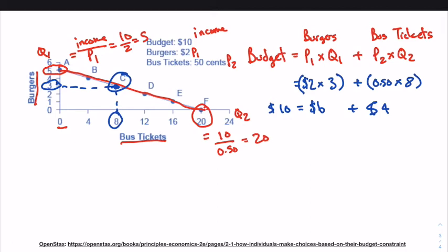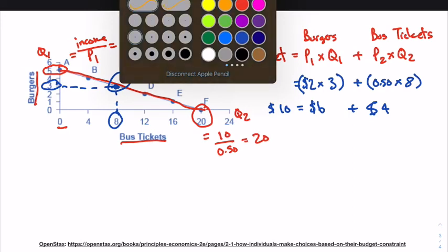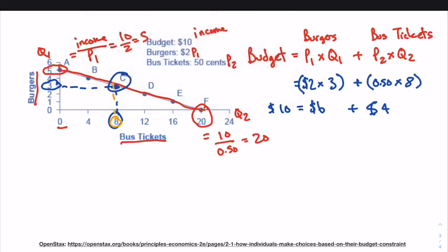Now, could it be possible for me to purchase 8 tickets and then also purchase 5 burgers? Let's call this point G. For point G, if I'm buying 5 burgers at $2, we still have 8 bus tickets.